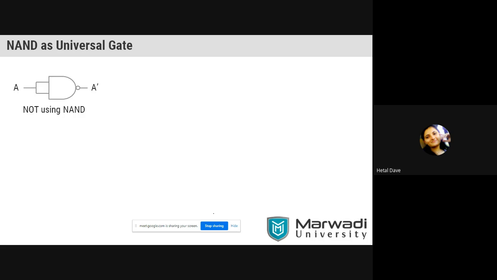So using the NAND gate, these three basic gates can be designed. That's why the NAND gate is called a universal gate. In the same way, using the NOR gate, the three basic gates AND, OR, NOT can be designed. That's why the NOR gate is called a universal gate.